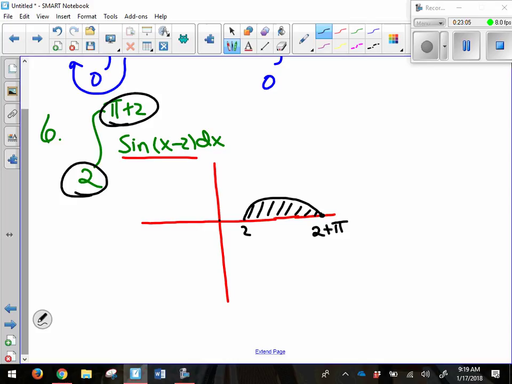It's just that I've shifted the graph, I've shifted my integrand, and I've shifted my limits, so no matter what, I'm still going to get 2. I think it looks nasty and scary when you first look at it. Okay, we got it?